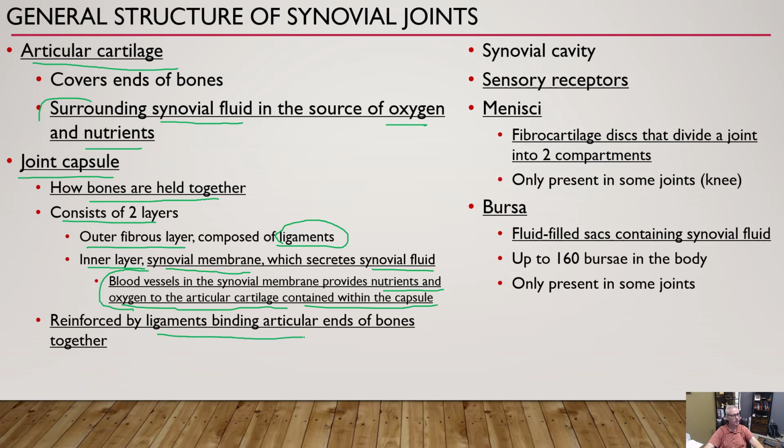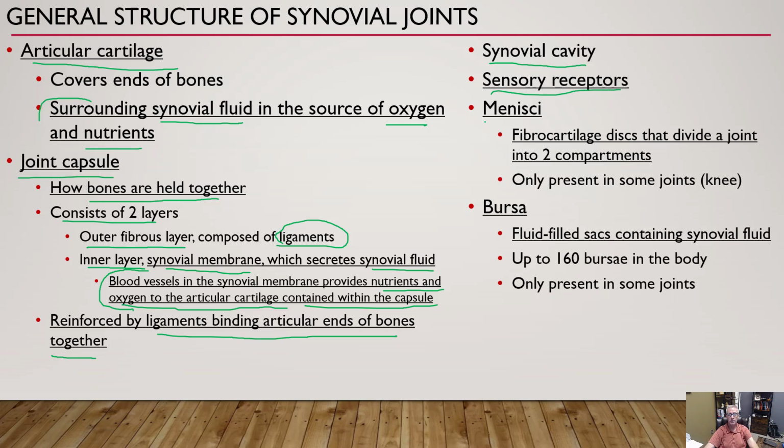And again, those ligaments bind those bones together. We have that synovial cavity. We have a bunch of sensory receptors, which is why if you blow out your knee, it's very painful.